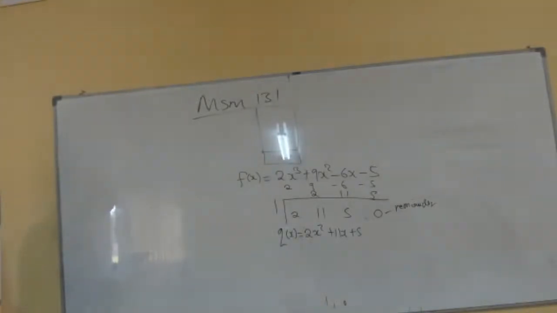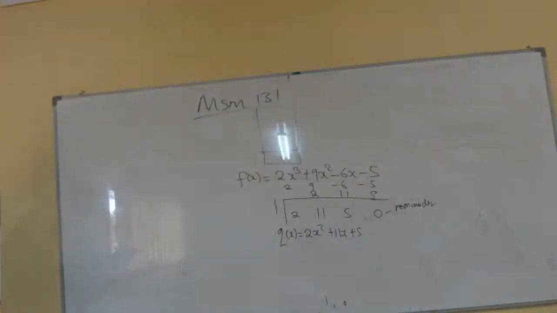The product is 10, and the sum is 11. So product is 10 and sum is 11.